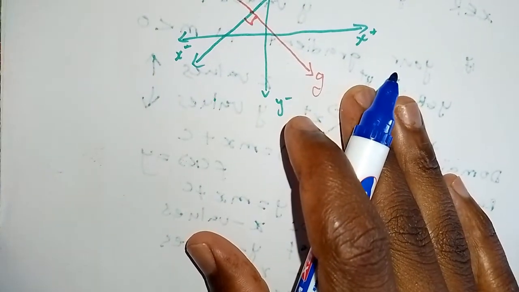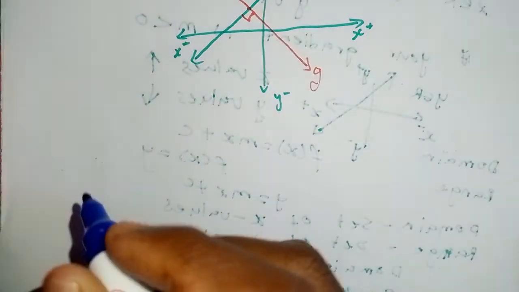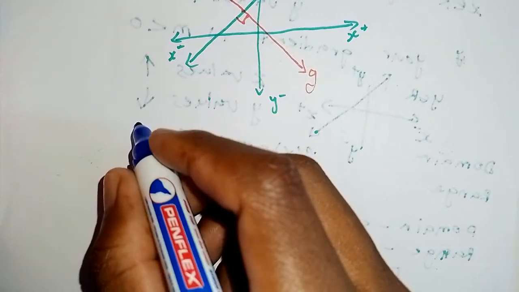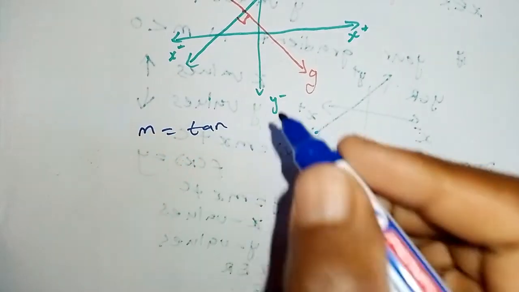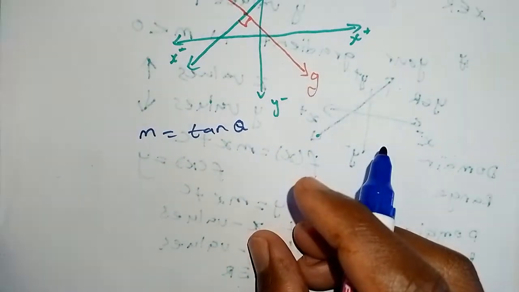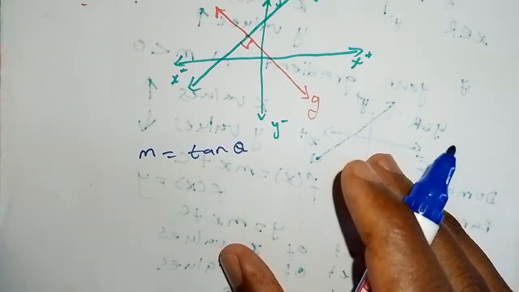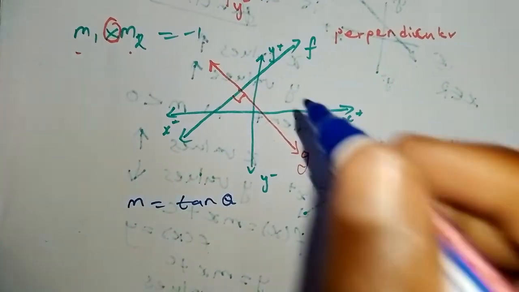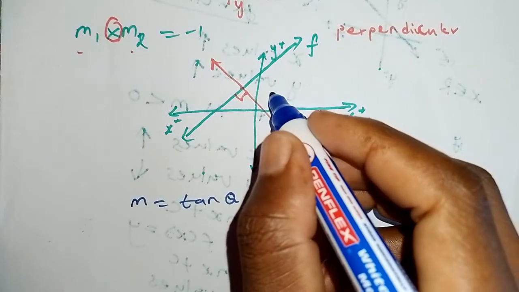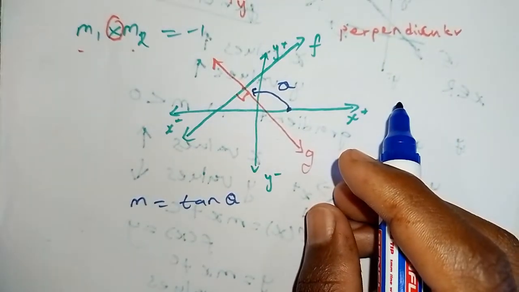Okay, now we have the last one: the gradient equals tangent theta, right? What you need to know is, if they say the gradient equals tangent theta, they mean from this point to this point is my theta, right?